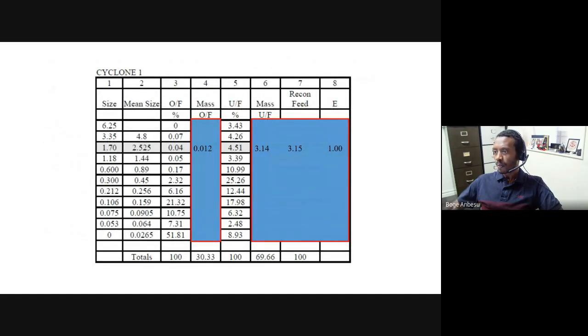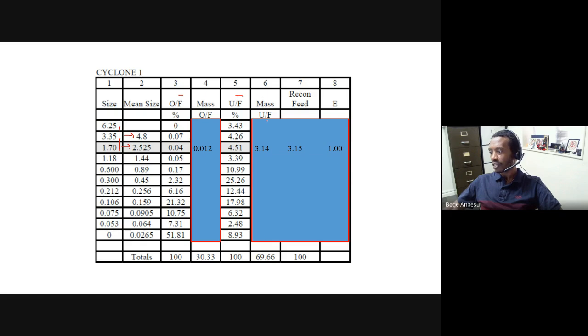So you can take the mean by adding these two and dividing by 2, you get that. Add these two, divide by 2, you get that, and so on. So that's the mean. And for cyclone 1, overflow and underflow are given.